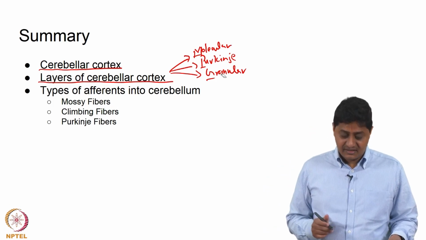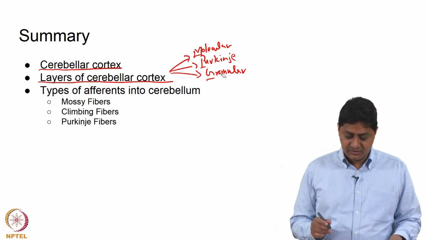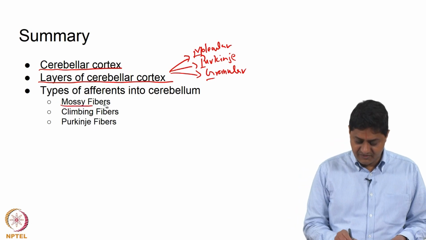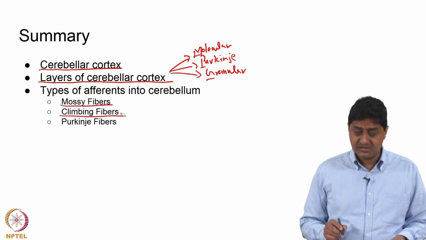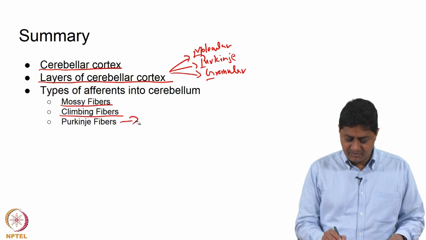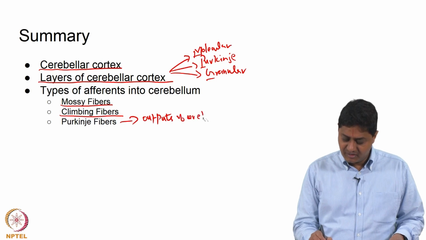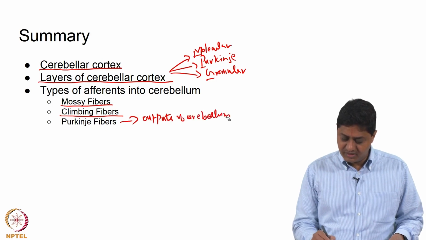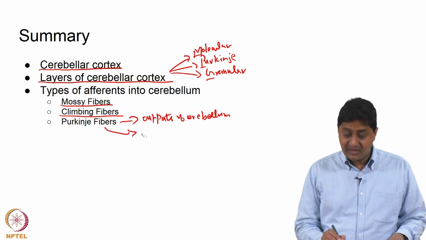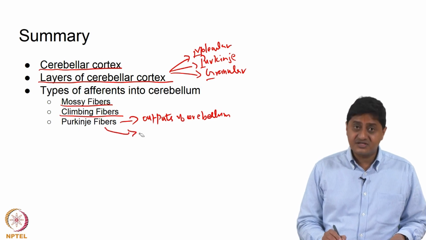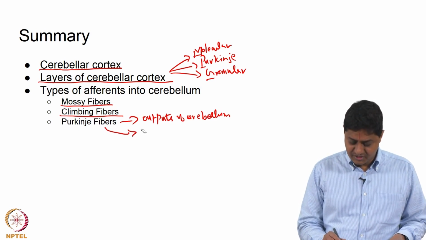And then we said there are different types of inputs into the cerebellum. These are mossy fibers and climbing fibers, and the Purkinje cells are the major outputs, or at least modulate the outputs of the cerebellum. The axons of the Purkinje cells project onto the deep cerebellar nuclei.